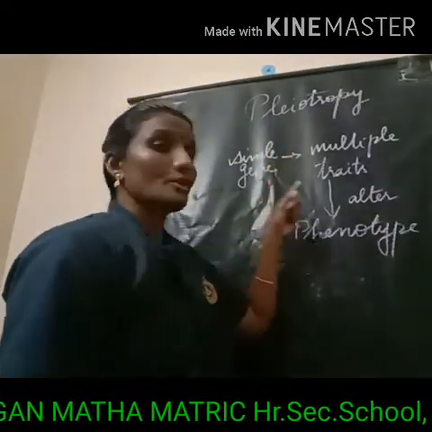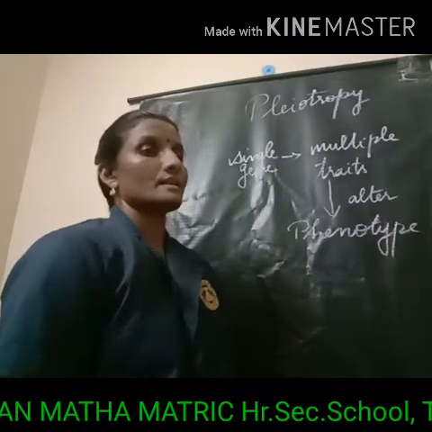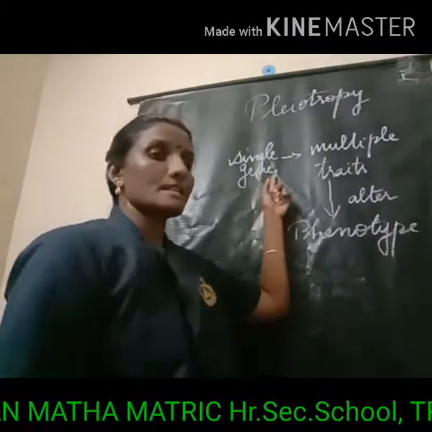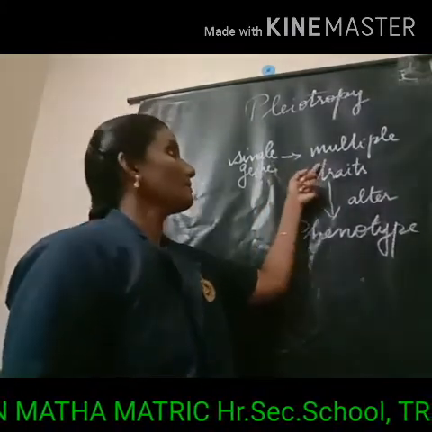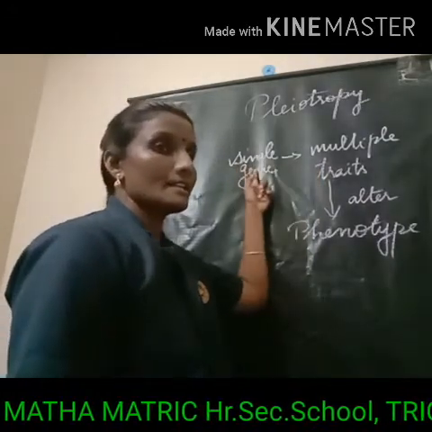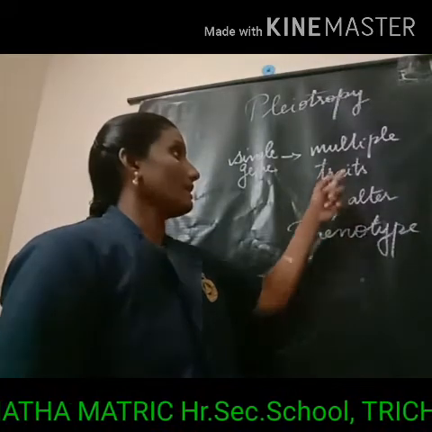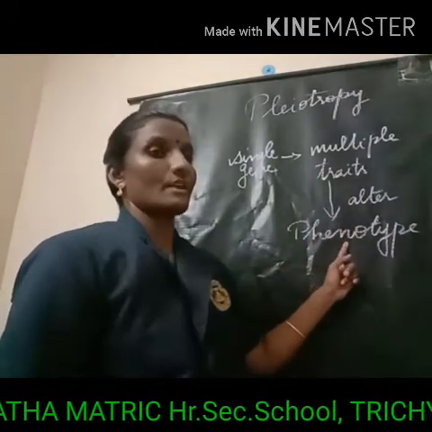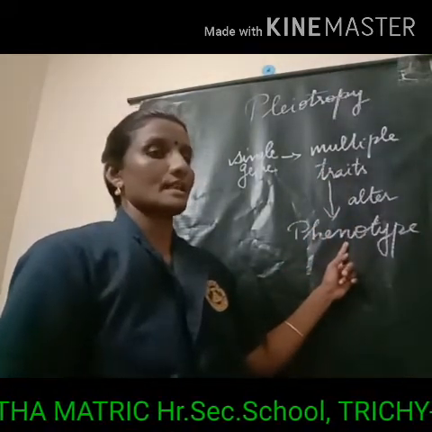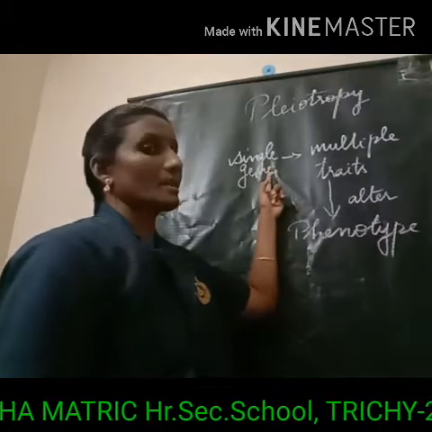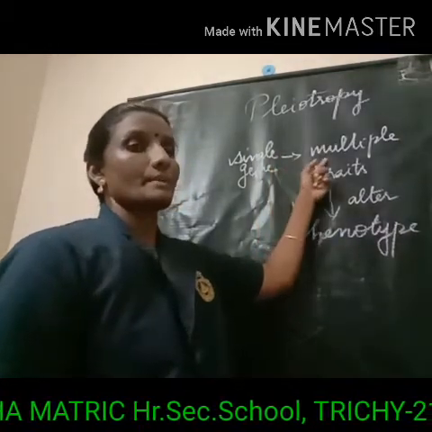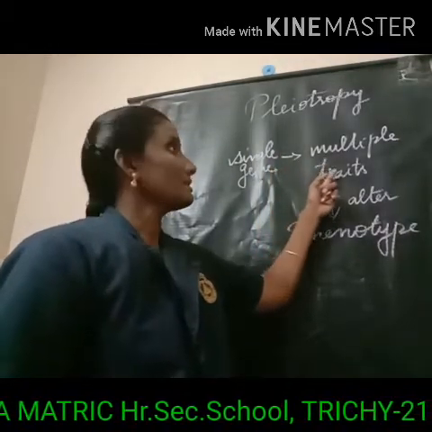Pleiotropy. Pleiotropy means a single gene affects multiple traits, and this alters the phenotype of an organism. Once again, the single gene affects multiple traits. Trait is a character.